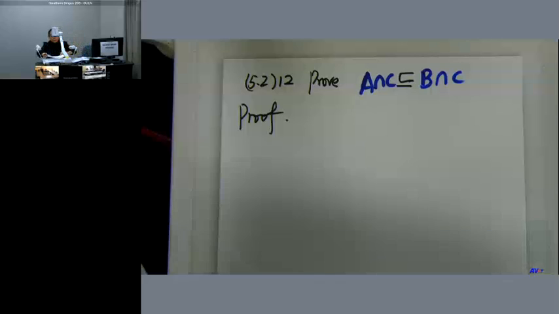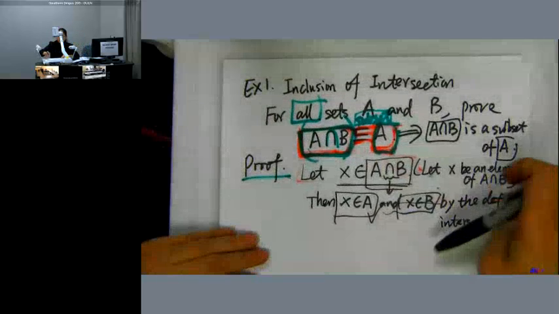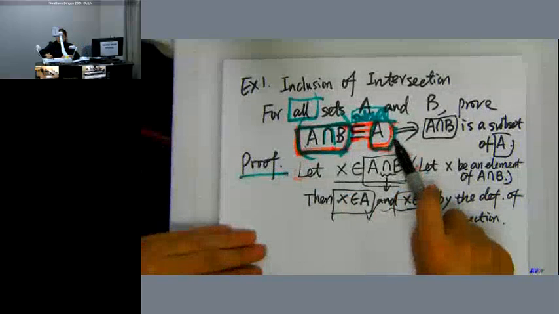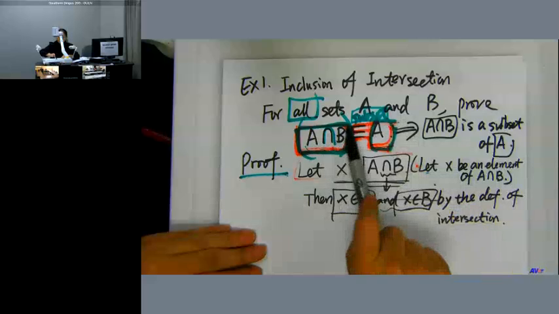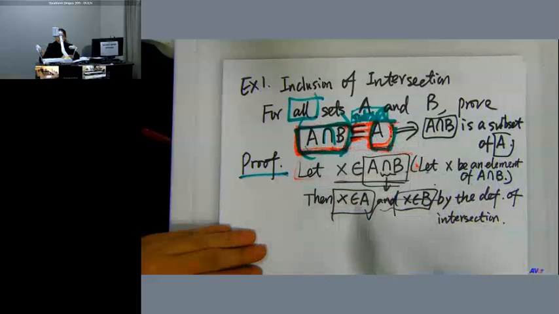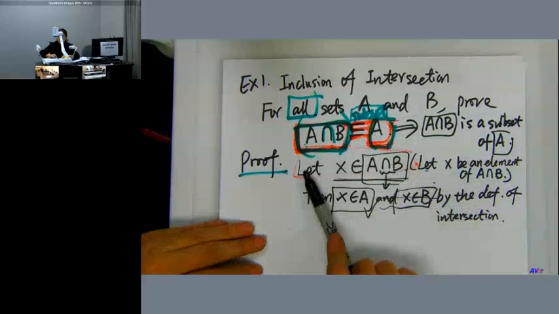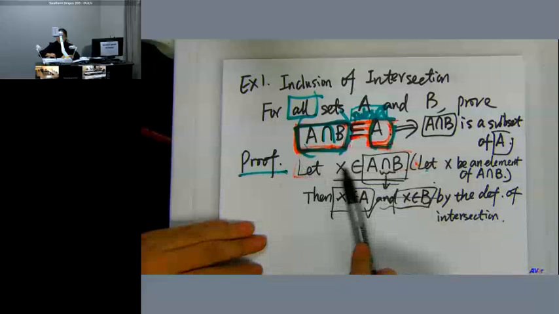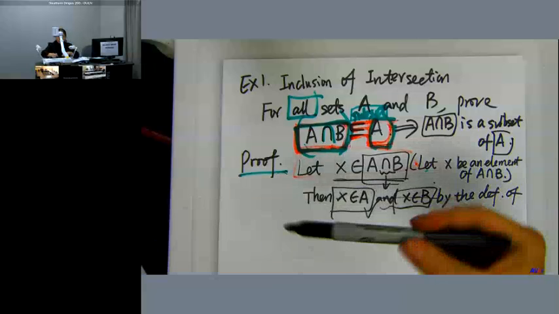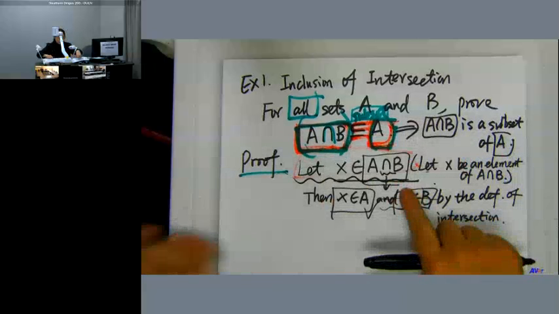So this is what I did in class, the example. I want to prove the intersection of A and B is a subset of A. So that means I need to show every element of A and B is an element of A. I've changed this to sentences to help myself remember the process. The first sentence you start with is always, let X be an element of A and B. Why did I know I should start with this?